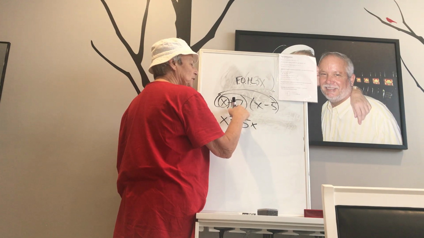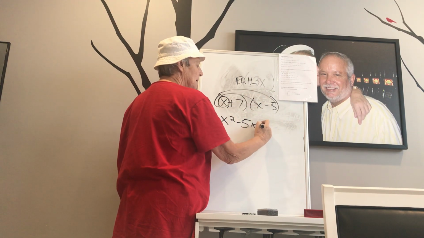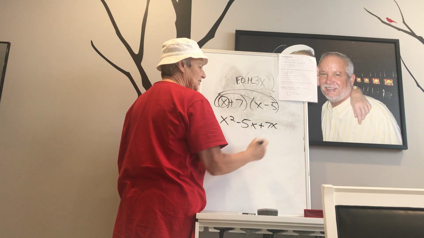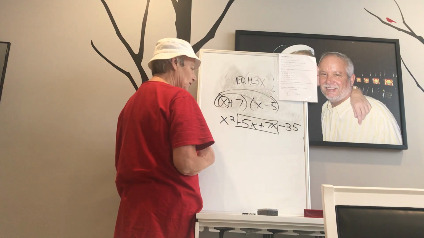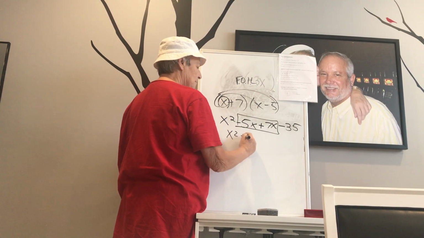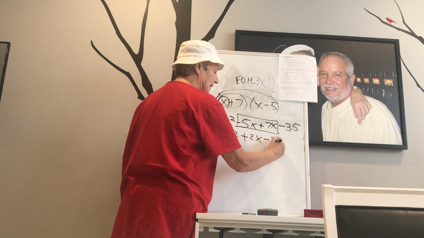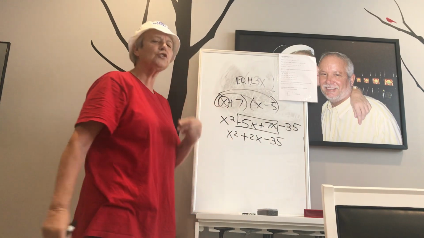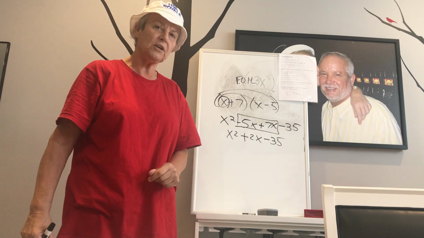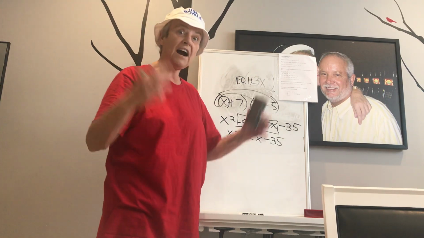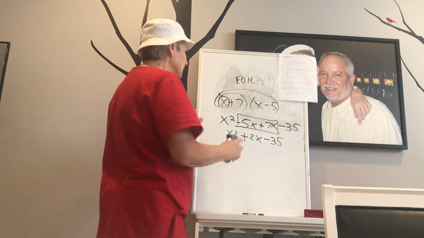Then you're using the distributive property with 7: positive 7x, negative 35. Then you have like terms in the middle: x squared, positive 2x, minus 35. It is extremely important that you can do a binomial times a binomial. We're probably going to do 500 of them in the next 2 months.